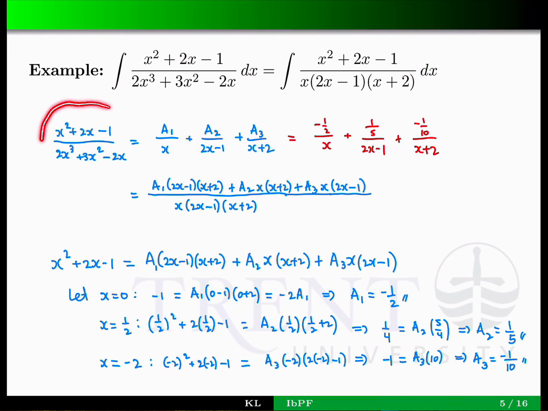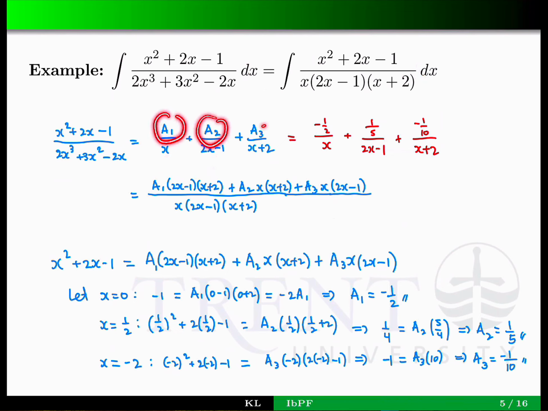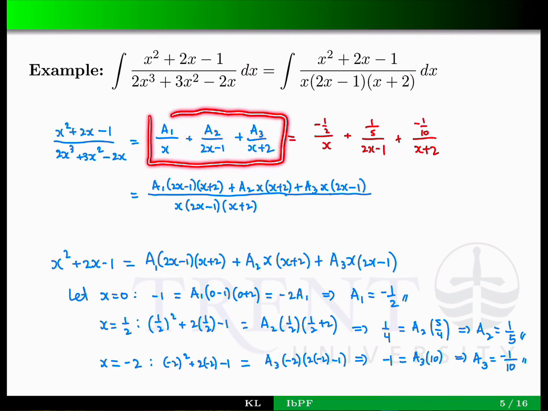This expression can be written in the form a1 over x plus a2 over 2x minus 1 plus a3 over x plus 2. So linear denominators. Our goal is to find a1, a2, and a3. In order to do that, you combine this into a single fraction this way.